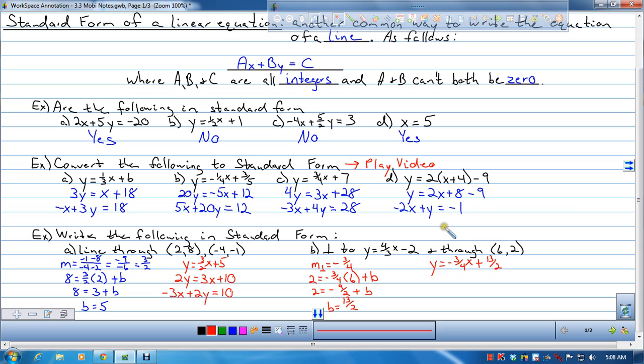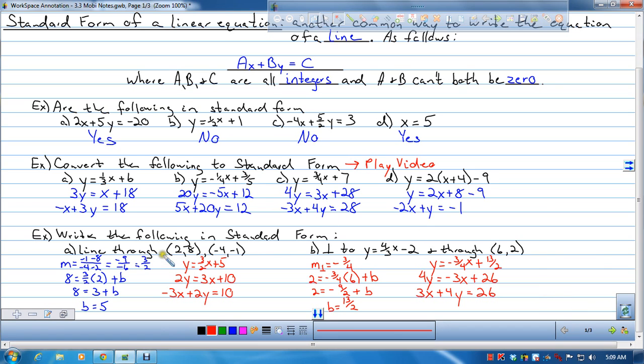I should notice that in order to write this in standard form, I've got to get rid of both a 4 and a 2, so I can multiply everything by 4. 4y equals -3x, because the 4's would go away. 4 over the 2 would be 2, so I'd end up with 2 times 13, which would be 26. I simply move my x and y to the same side, and I end up with 3x plus 4y equals 26.